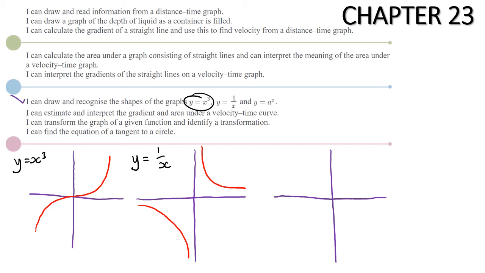Now this is something that starts to go up like this. All of these graphs cross at the number 1. So often these questions are match the graph up with the equation of the graph.